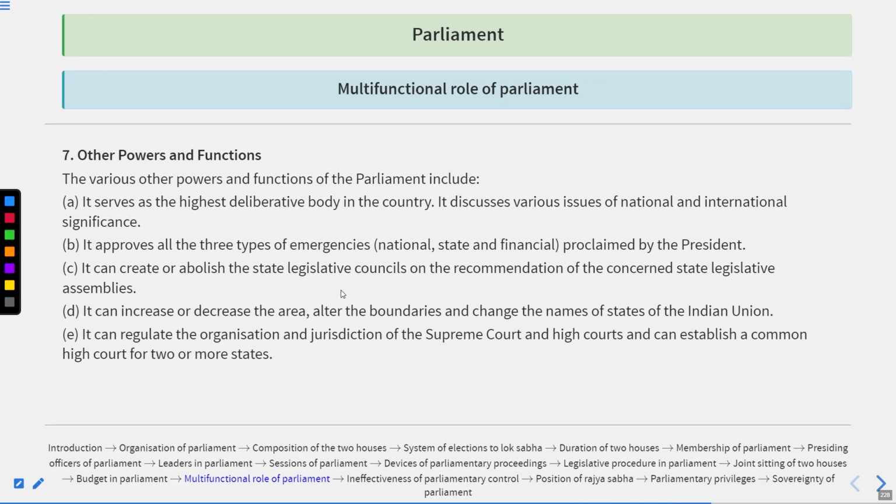Okay. After this, now we have other powers and functions of the parliament which they exercise.